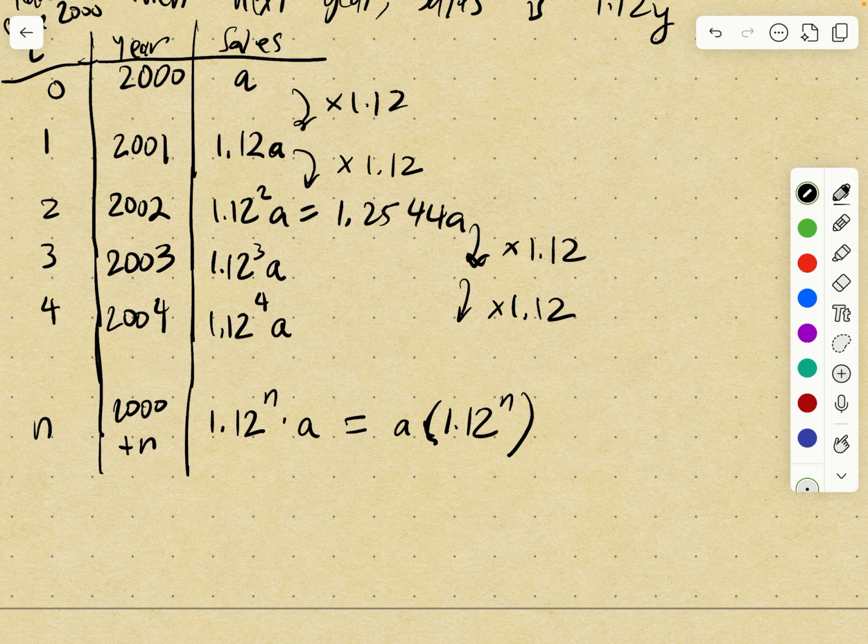So suppose that A was 1500. Okay, that's the initial sales. Then your function would be f of n equals 1500 times 1.12 to the n power.